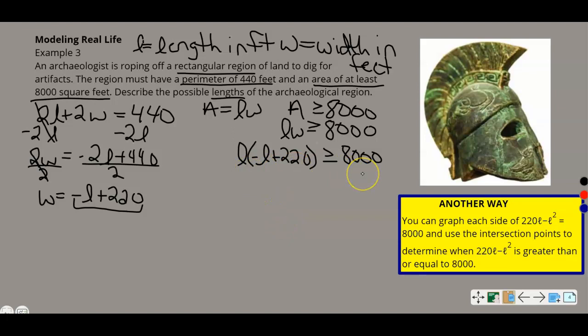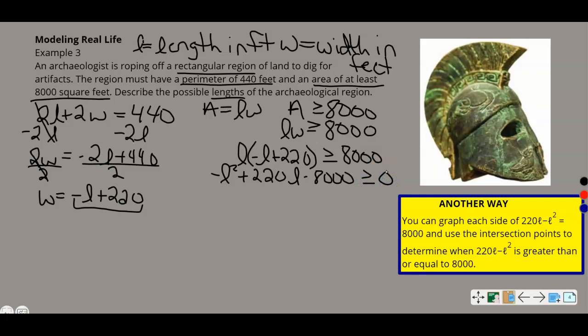Let's put this in standard form. L times negative L is negative L squared, L times 220 is 220L, and then let's subtract the 8,000 to bring it to the other side. That's greater than or equal to 0.